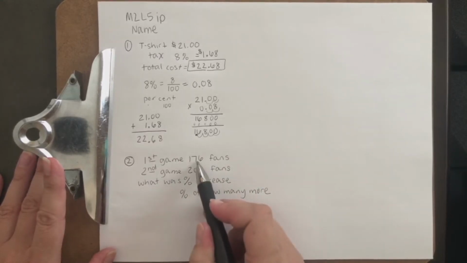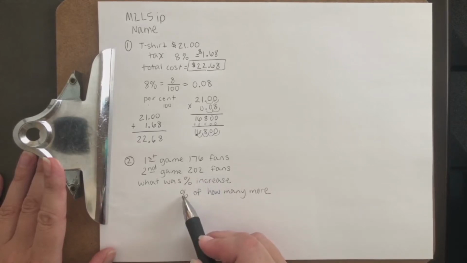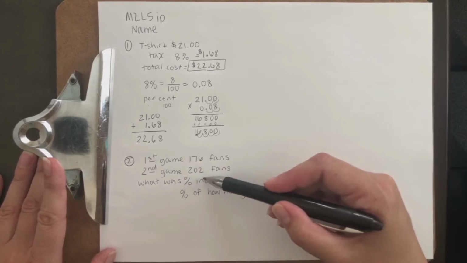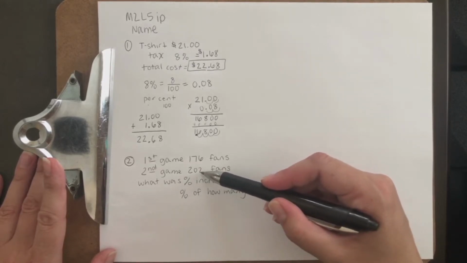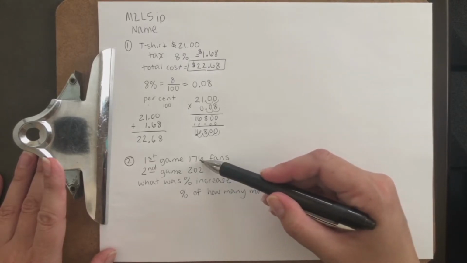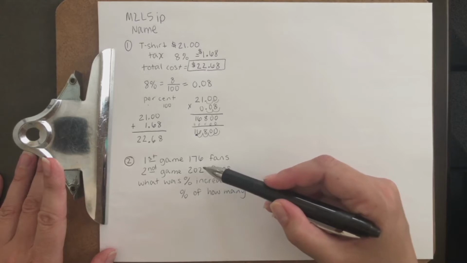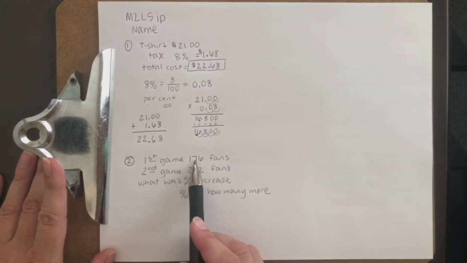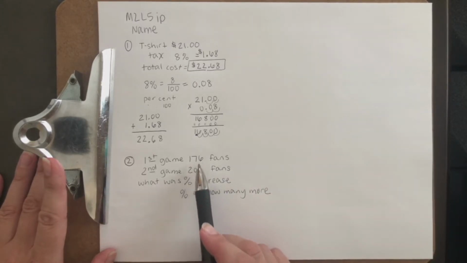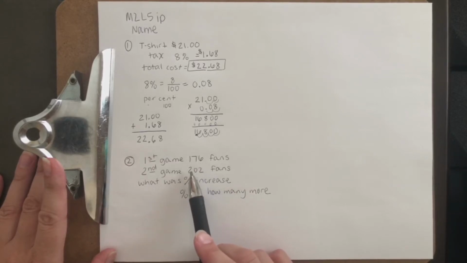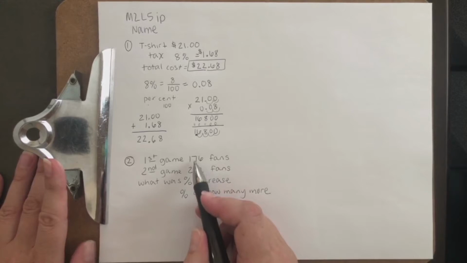So we're going to find out how many more people came and then determine that as a percent. So we'll find out how many came by saying 202 minus 176. That will tell us how many more people came to the second game. So I know that 175 plus 25 is 200. So I think it's 26. But let's double check my mental math here.